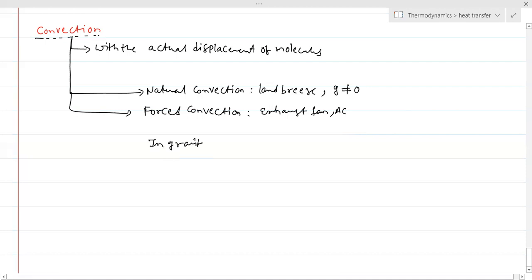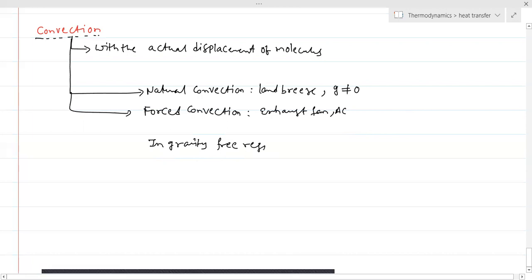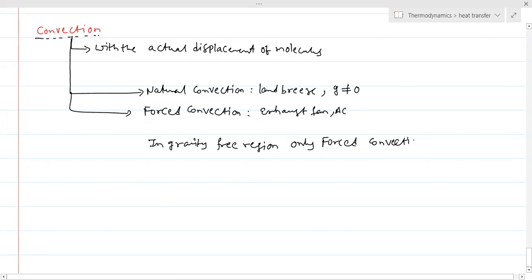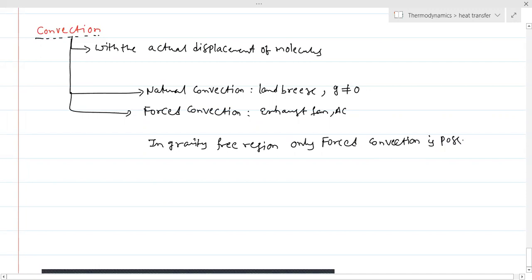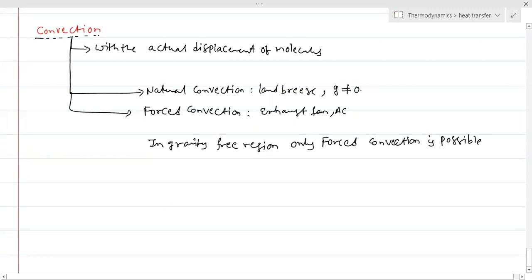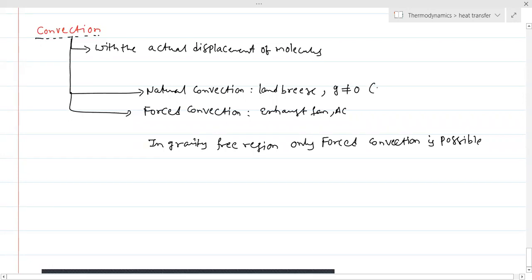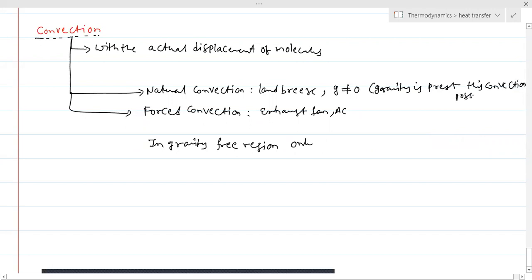Therefore, in a gravity-free region, only forced convection is possible. Natural convection is not possible. That is the main difference. When G is not equal to 0, that means gravity is present, this convection is possible.